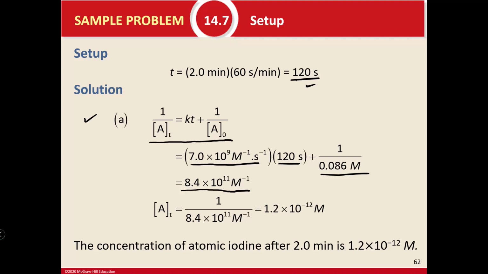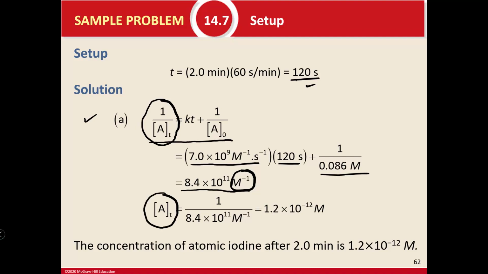I don't know how many times I see students stop right there and say, that's my answer. Well, first of all, it's not the answer. If you're watching your units, and I can't stress this enough, this is in 1 over molarity units. You want molarity, not 1 over molarity. The other thing is, this part here is what you just solved for, not this.